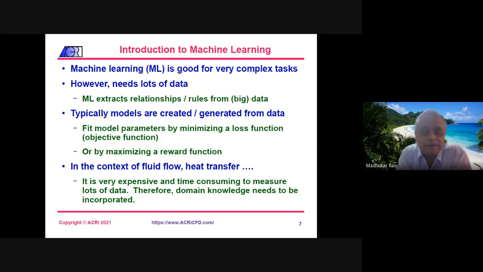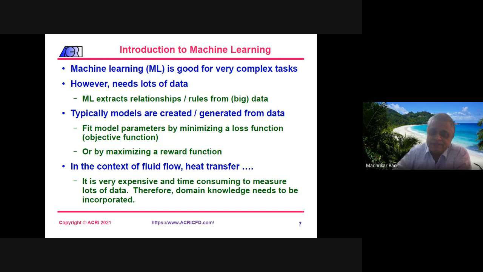So ML is very good at extracting relationships and rules from data, and specifically big data. The bigger the data, the better it is typically. And the models are created and generated and are data driven. What you do is you have some model parameters.